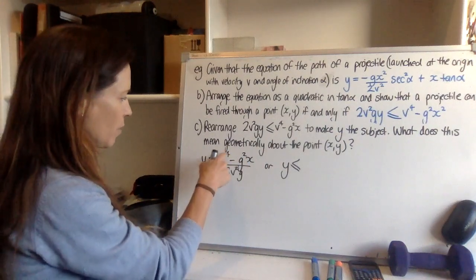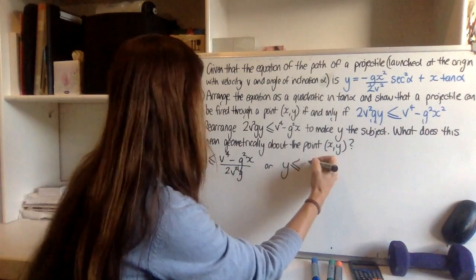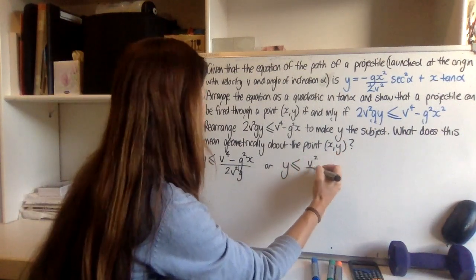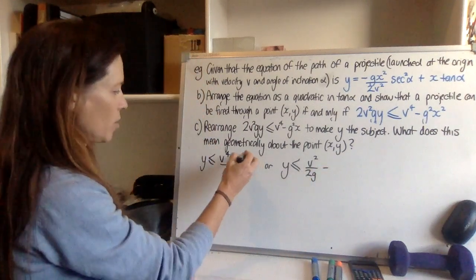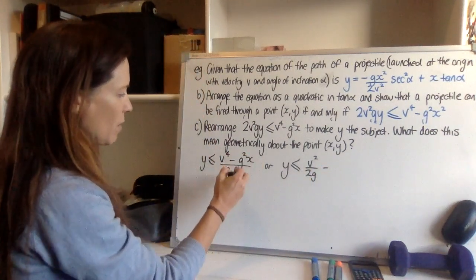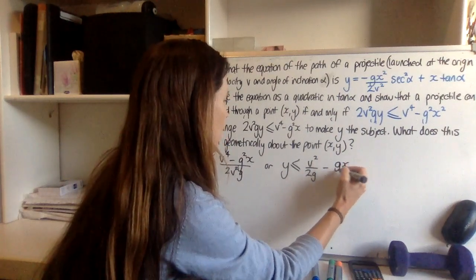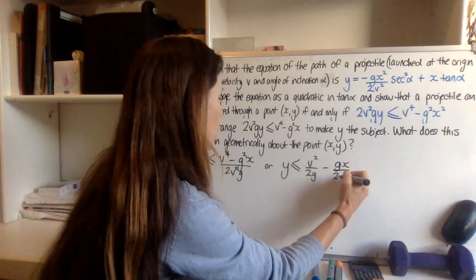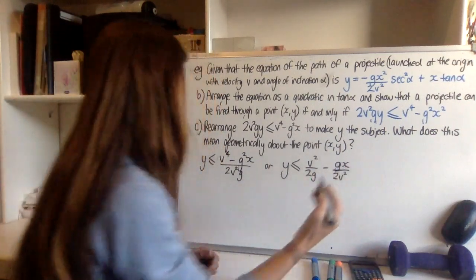Now, v to the power of 4 over all of this, the v squareds will cancel, so we will get v squared over 2g minus, and this term here, we'll end up with one of the g's cancelling, so we'll just have gx x over 2v squared.